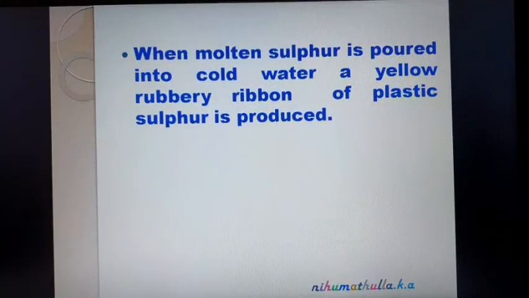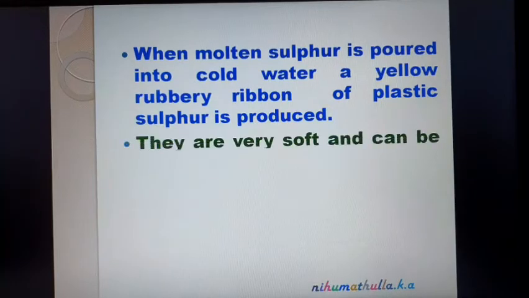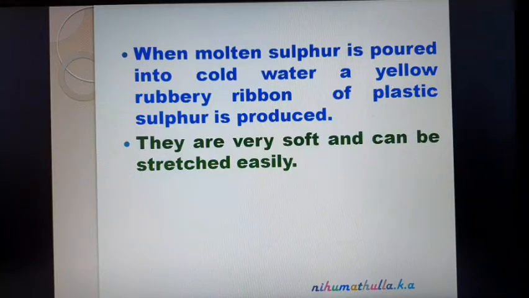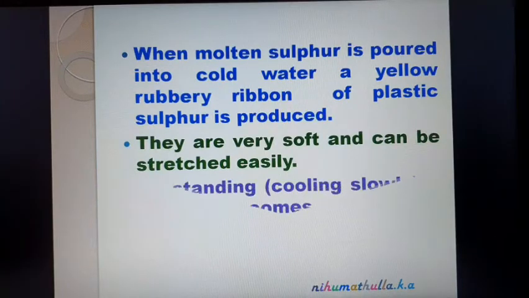When molten sulfur, the state between solid and liquid, is poured into cold water, a yellow rubbery ribbon of plastic sulfur is produced. It is very soft and can be stretched easily.